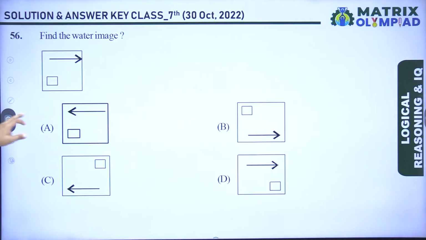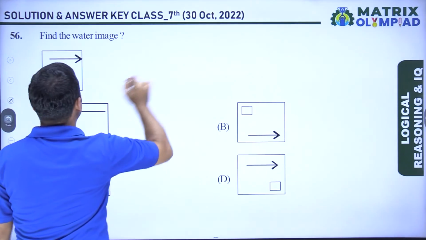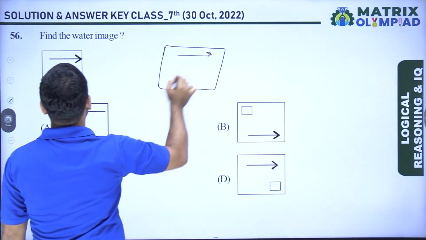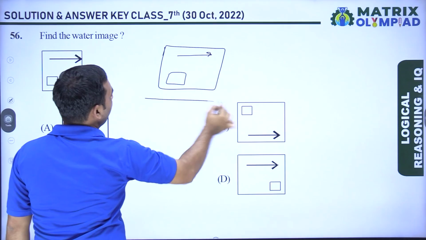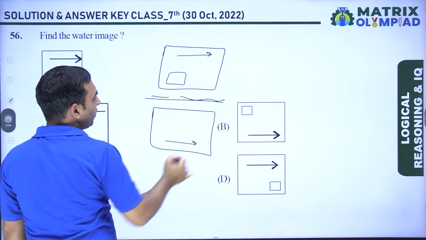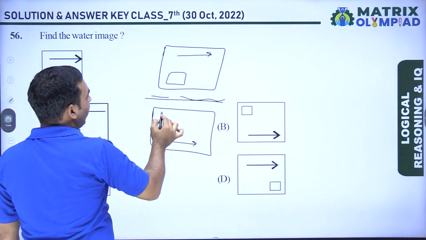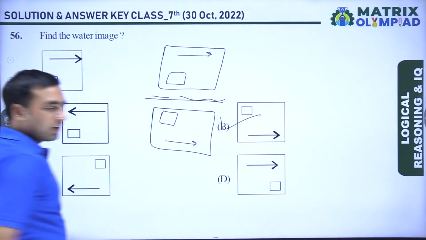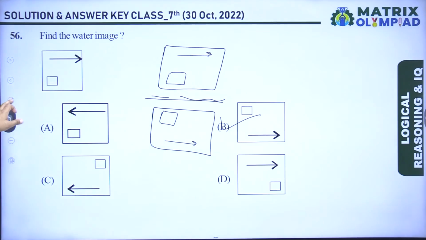Next question is question number 56. Find the water image of this image. If we make a water image, then bottom and top are changed. Arrow is shown on the downside and square is shown on the upper side. Option B is the correct answer.